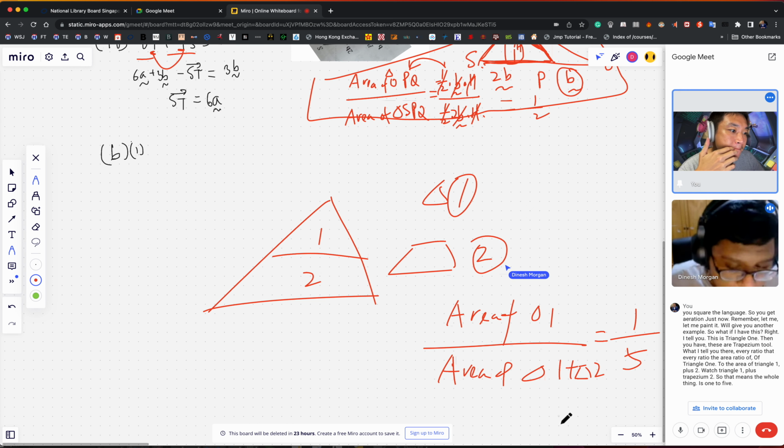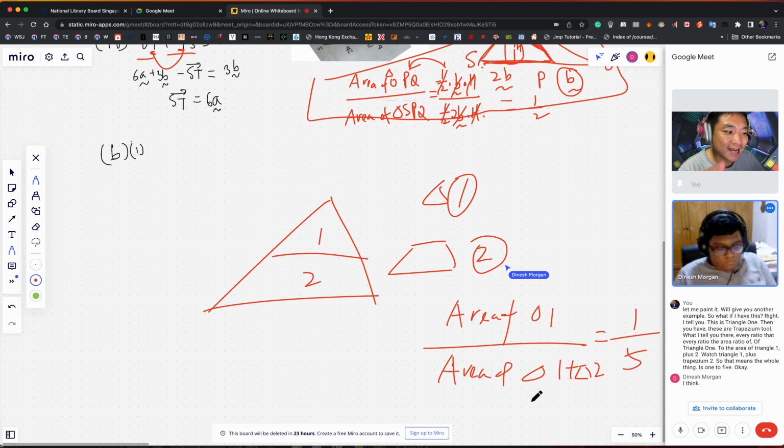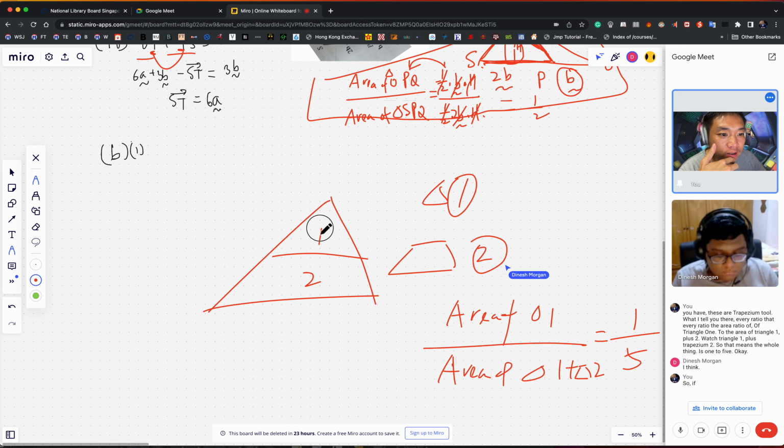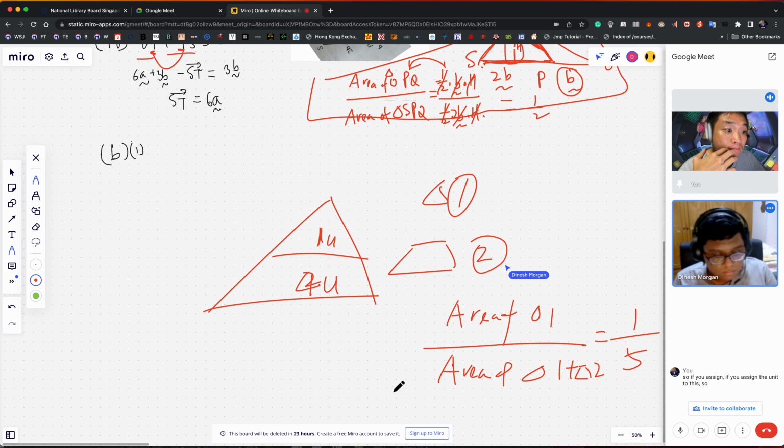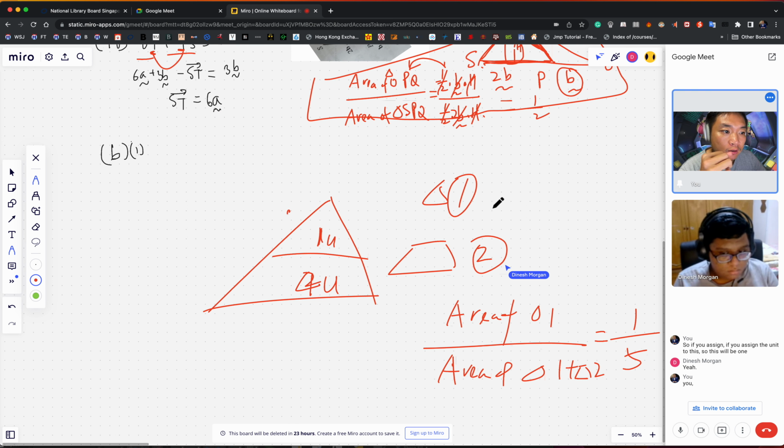Okay. So if you assign the unit to this, this will be 1 unit, and there will be 4 units. So if they ask you for the area of this, then it's 1 to 4.